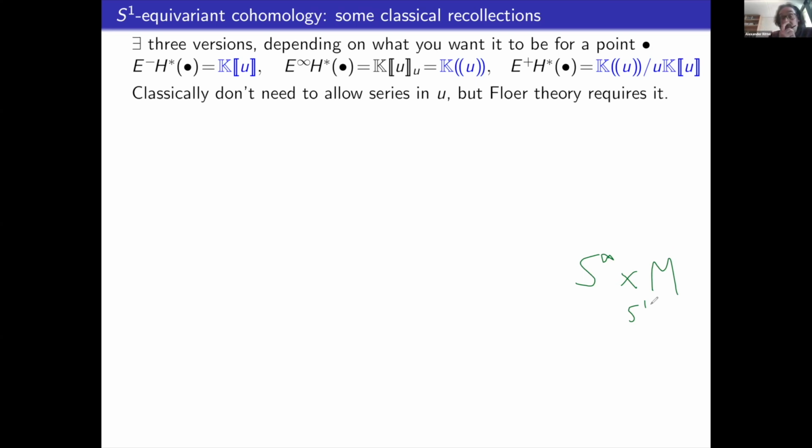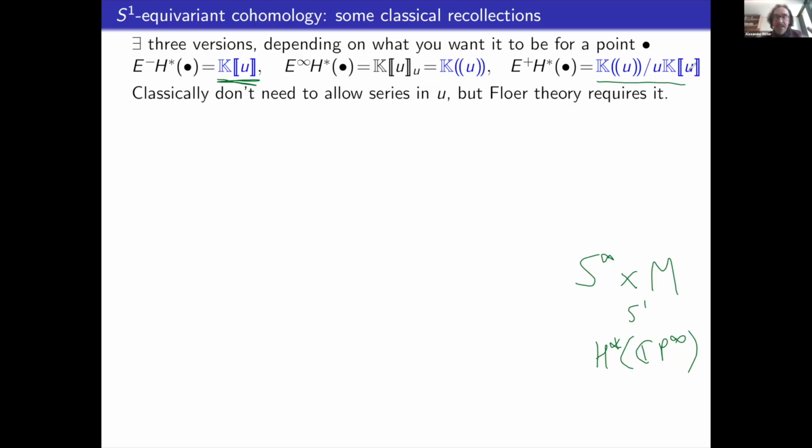So this is one version of equivariant quantum cohomology. In this case, you get a module over polynomials in U, where U is the equivariant parameter in degree 2 that generates the cohomology of CP infinity. But there are also other versions of equivariant cohomology where, for example, you might want to formally invert U, so localize at U, in which case you get Laurent polynomials in U. Or there's also this other version which has been used a lot in Floer theory where you quotient out all positive powers of U. So this has a slightly different flavor.